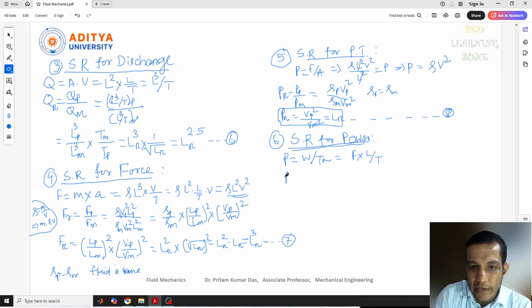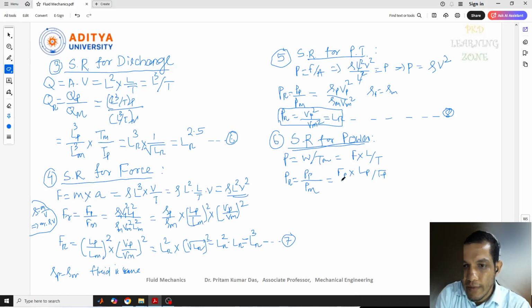Now again, power ratio equals what can we write? Power ratio equals power of the prototype and power of the model. Similarly we can write FP into LP divided by TP, and in a similar manner FM into LM divided by TM. So this is the process.